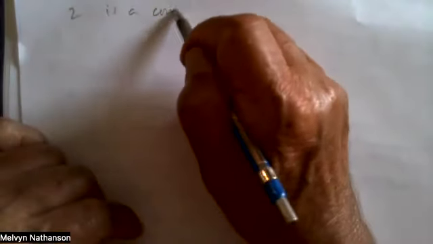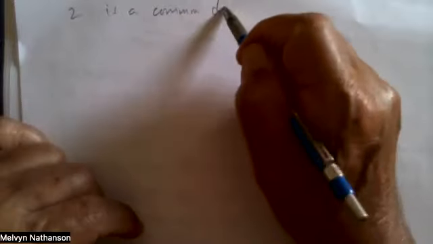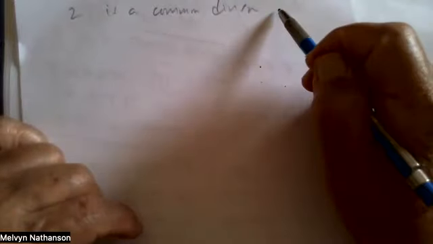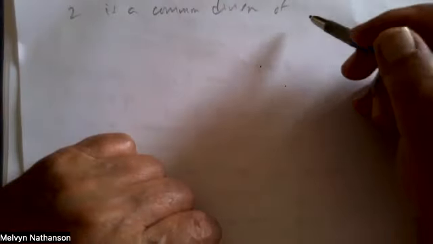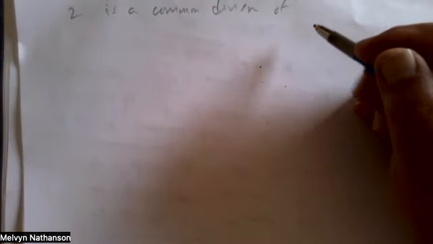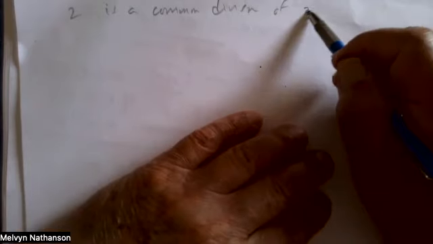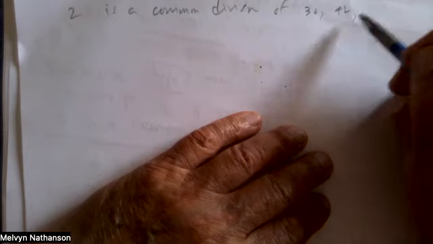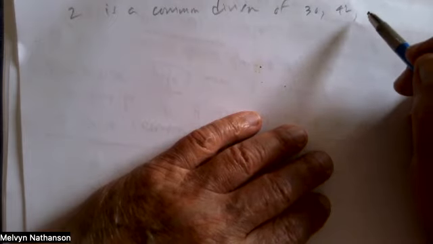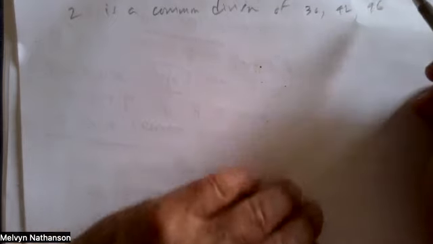So for example, 2 is a common divisor of 30, 42, 96.